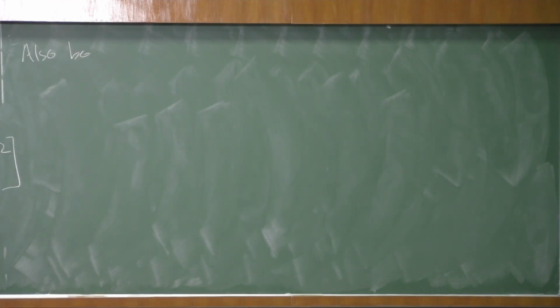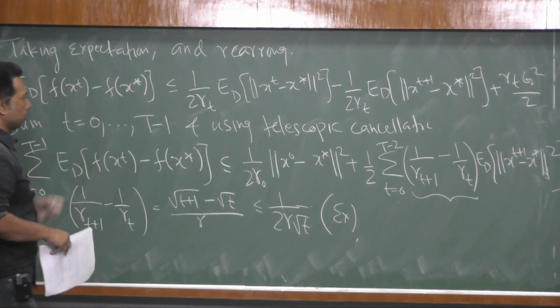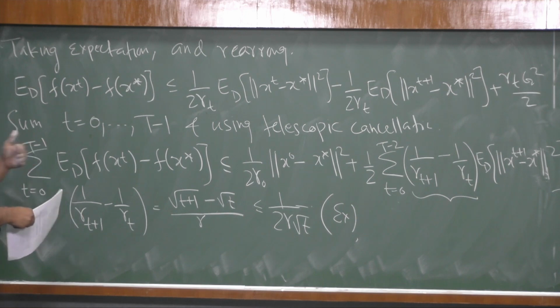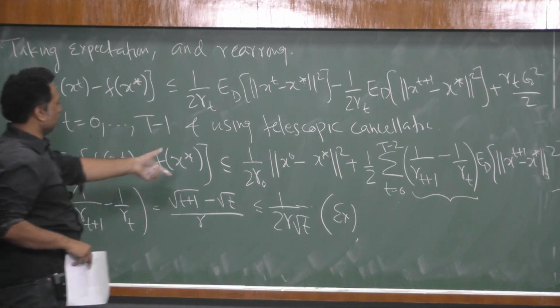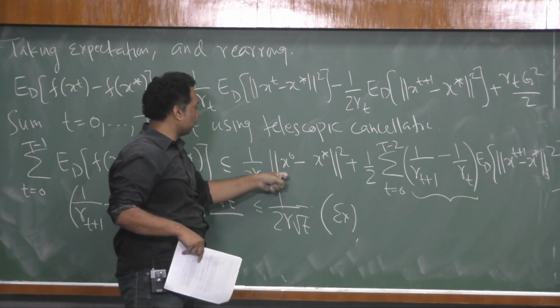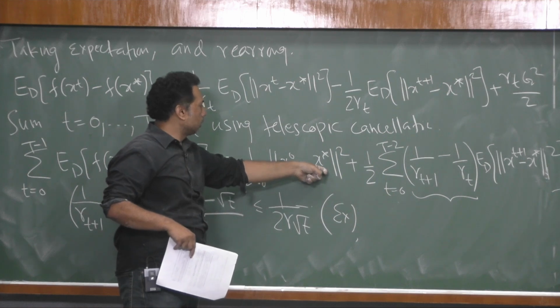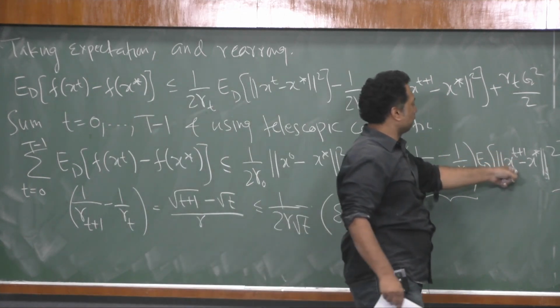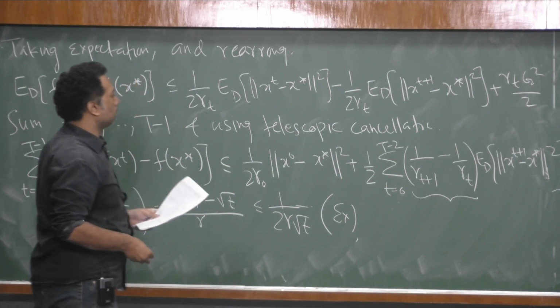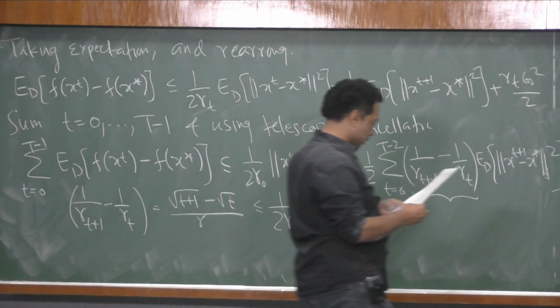But in the bounds we don't see terms with t, right? So we want to further have a bound for these xt minus x star type terms. This is okay because this is something fixed: you started with an initial guess, and the solution is fixed. But you cannot keep these terms in the bound, right? So we will try to replace that.